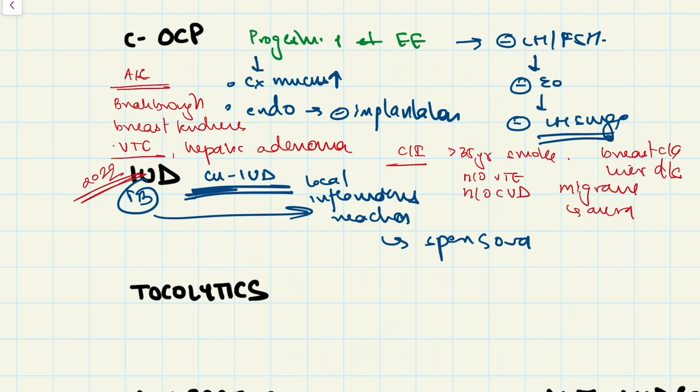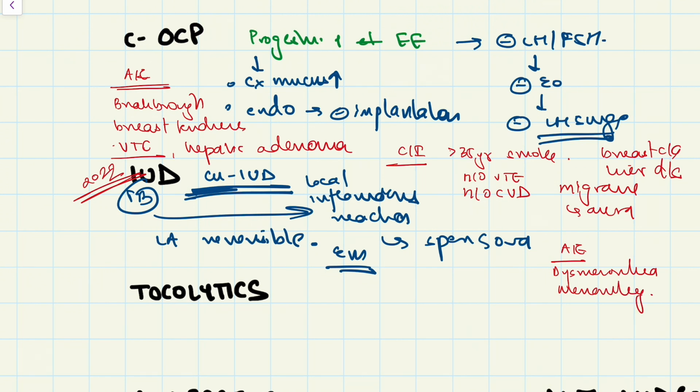The clinical use is that it is a long-acting, reversible contraception, and it is the most effective emergency contraception as well. The adverse effects associated with copper IUD are that it causes dysmenorrhea, menorrhagia, that is heavy menstrual bleeding, right?